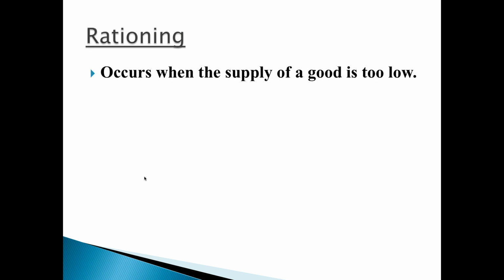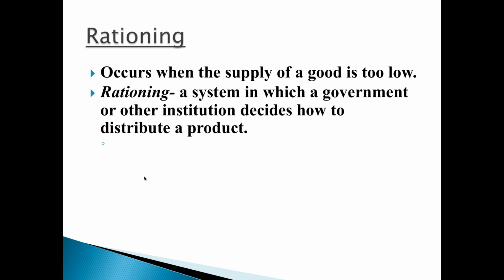All right, another negative side effect that can occur when the government is manipulating prices is what is called rationing. That occurs when the supply of a good is too low, and it's a system in which the government or another institution decides how to distribute the product. There are many examples of rationing, particularly in times of war, like World War I and World War II, where historically you see lots of rationing going on.